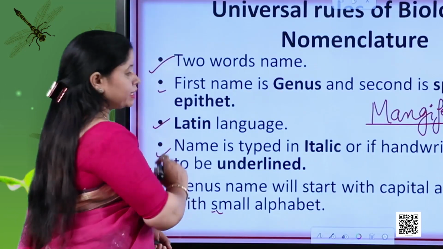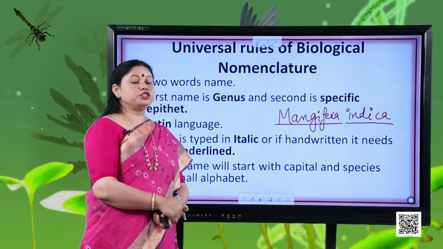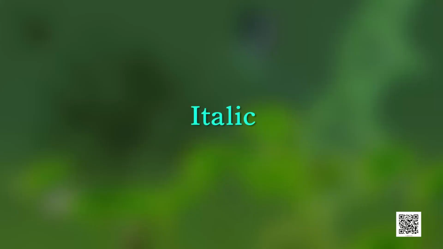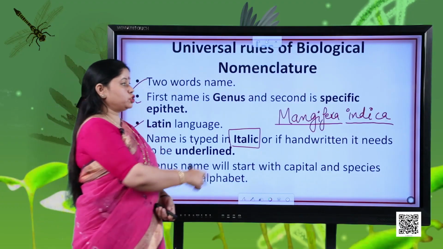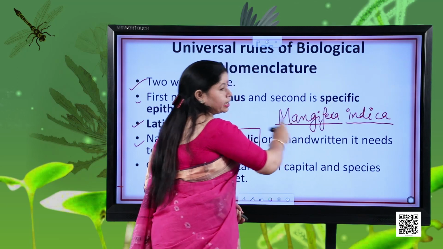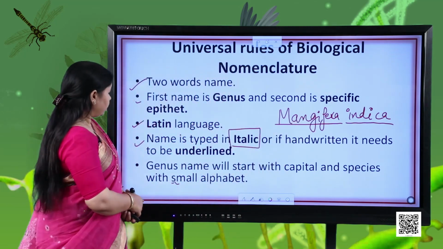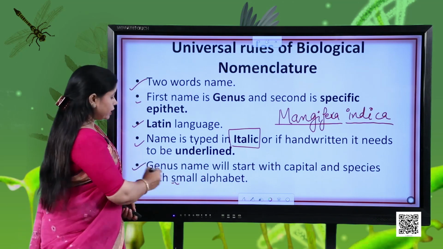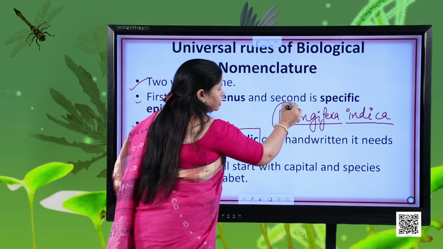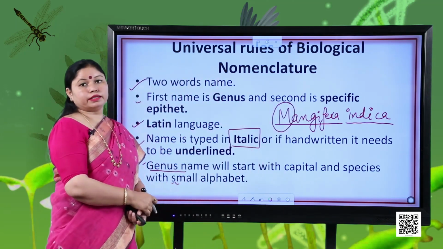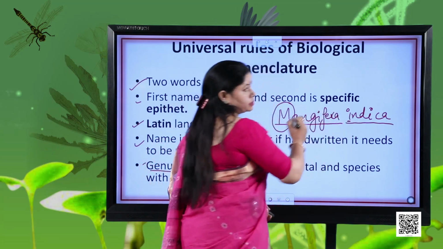The fourth rule says that when you are typing any biological name, it should be typed in italics. And when you are writing that name by hand, it should be underlined the way I have underlined, and the underline should be separate for each word. The last rule says that the genus name must start with a capital letter and the species name always starts with a small letter.